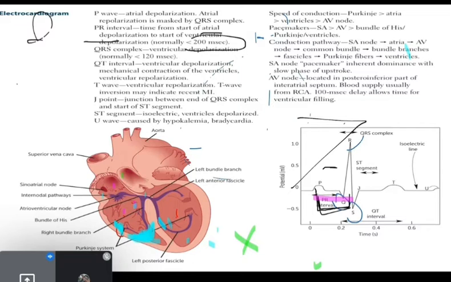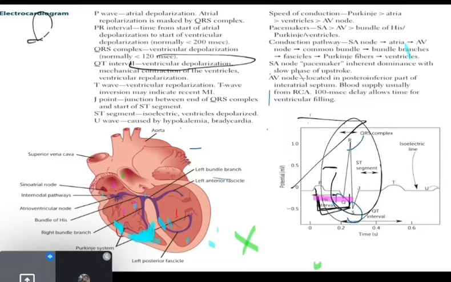Now, the QRS complex is the ventricular depolarization, or the ventricular contraction. Here the QRS is the mechanical contraction of the ventricles, and normally it should take less than 120 milliseconds.